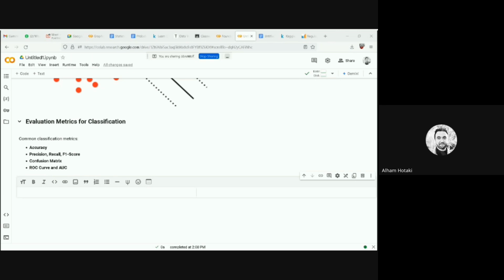So as I mentioned about the evaluation matrix.